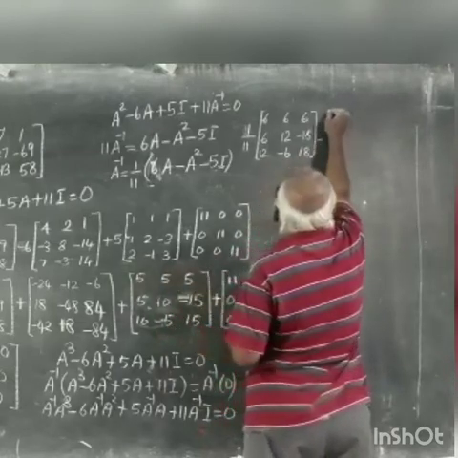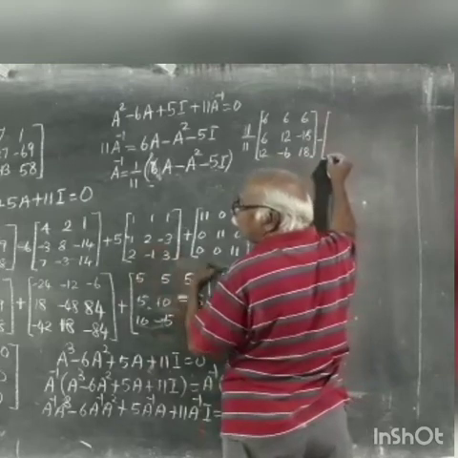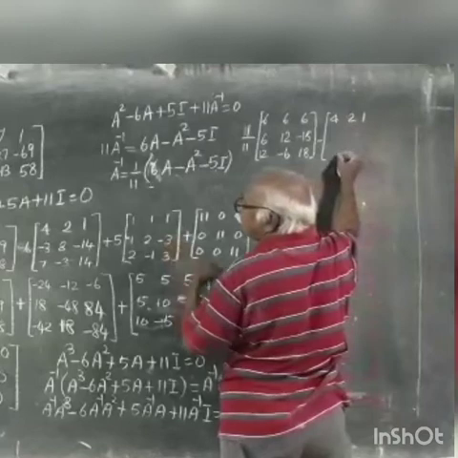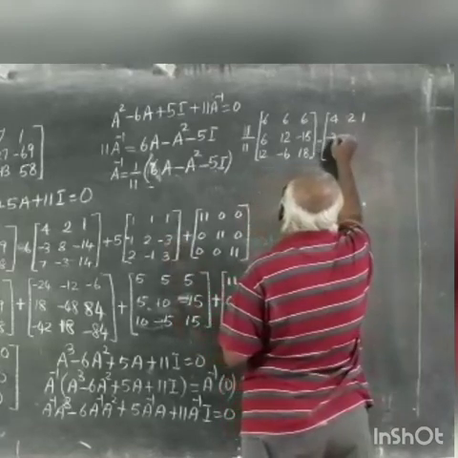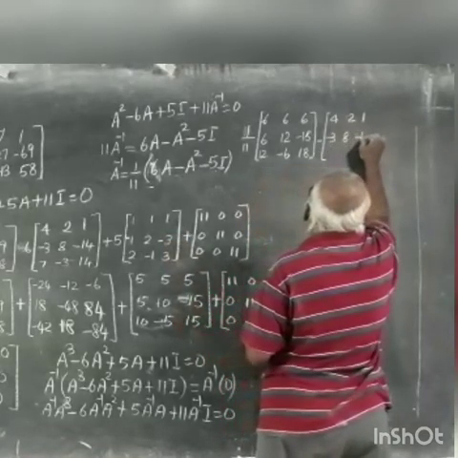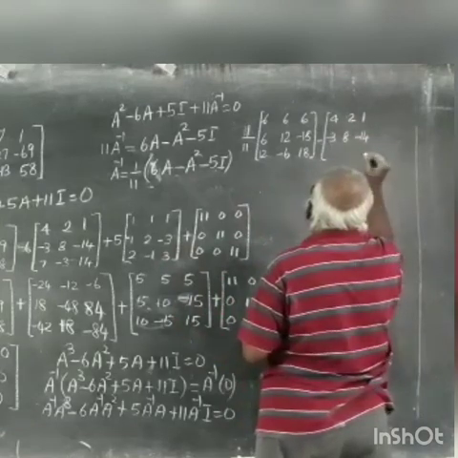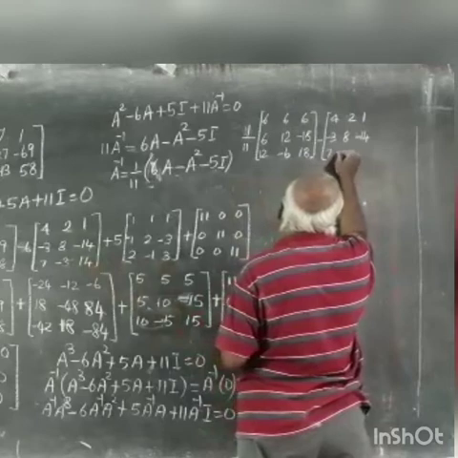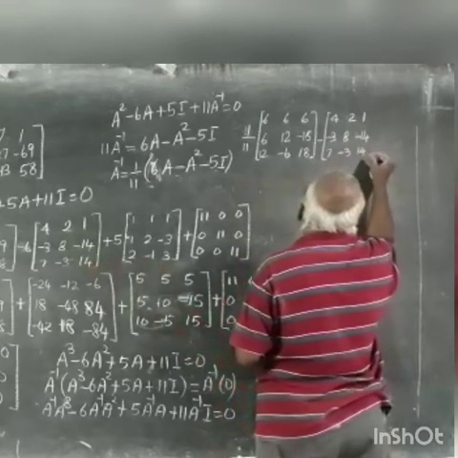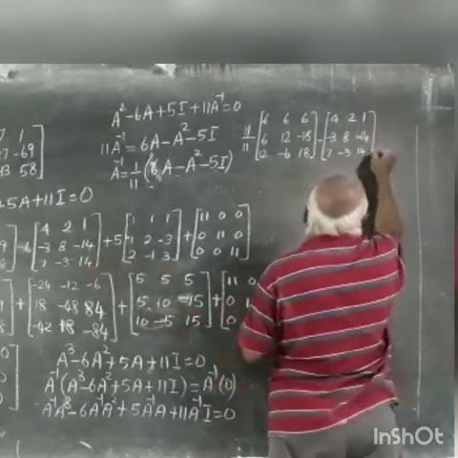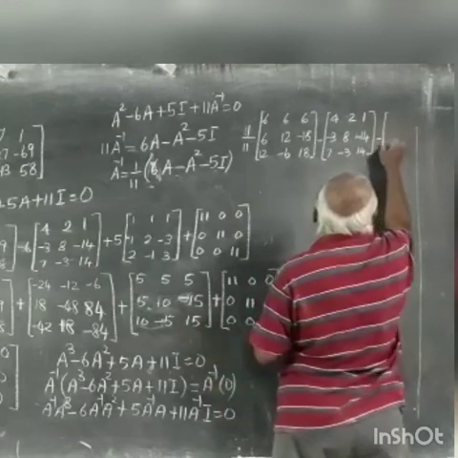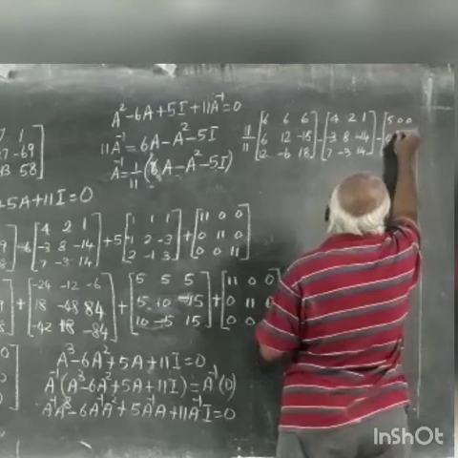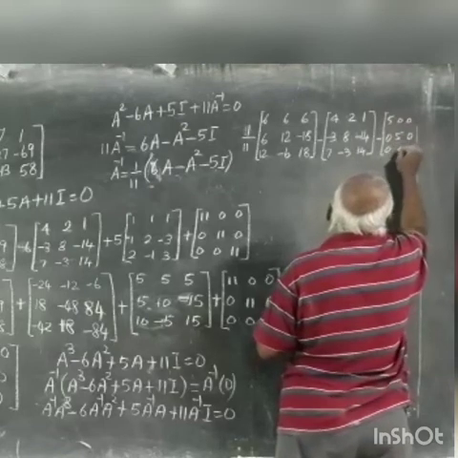Minus A square. A square is 4 2 1, minus 3, 8 minus 14, 7 minus 3, 14. Minus 5, 0, 0, 0, 5, 0, 0, 0, 5.